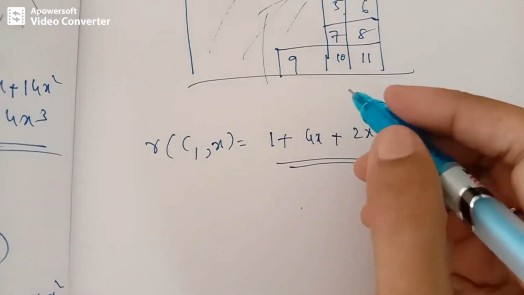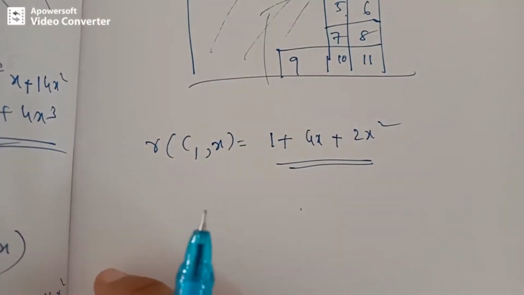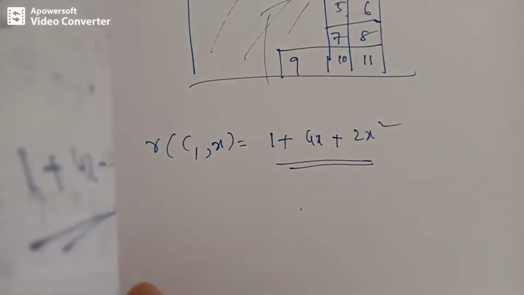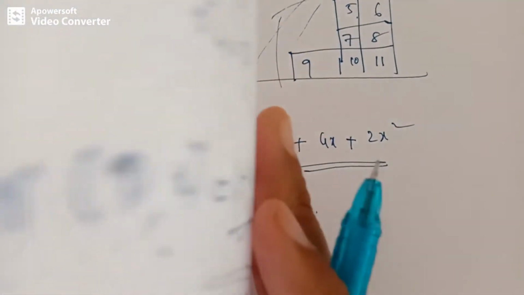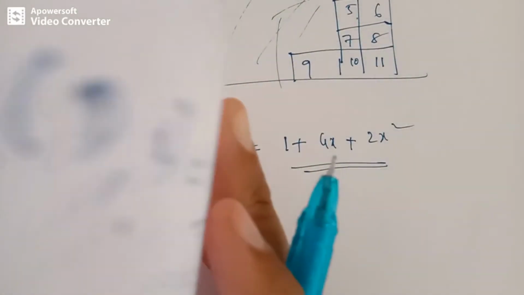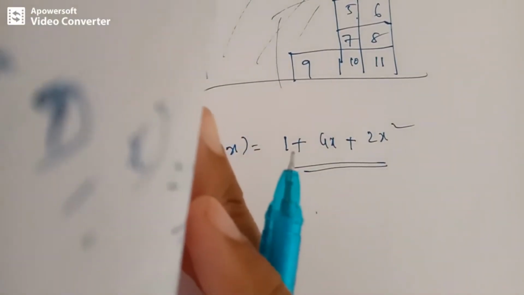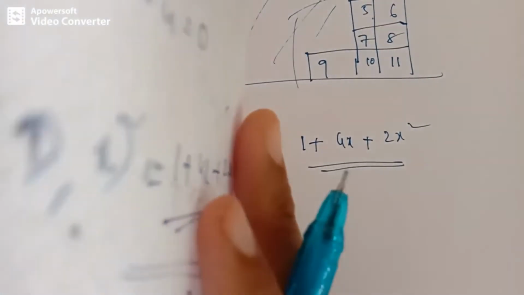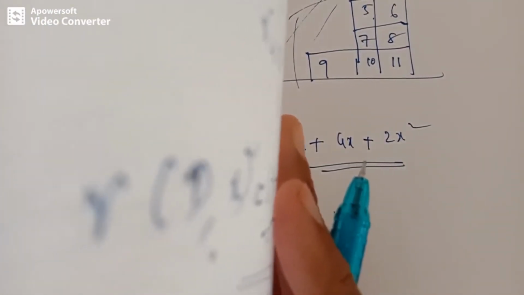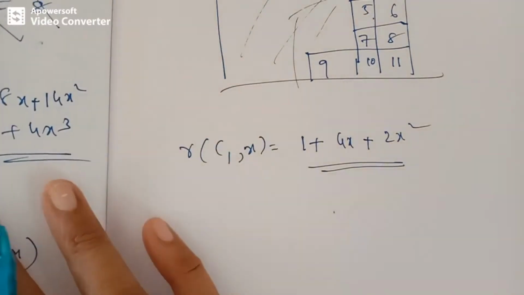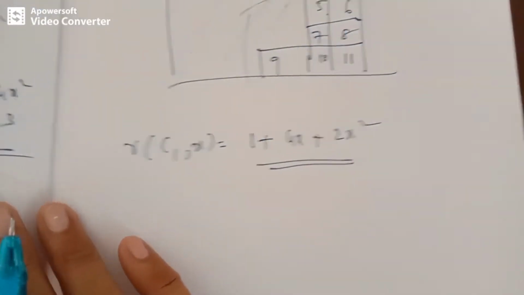And about C2, if you have already calculated it, you can write directly, or else you have to recalculate. In case we have not utilized that example, we have to calculate again.